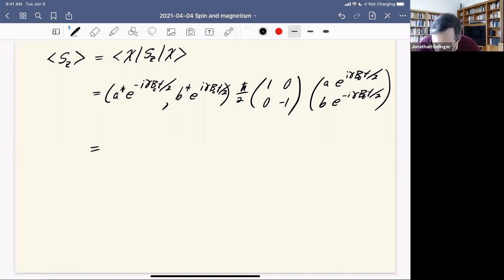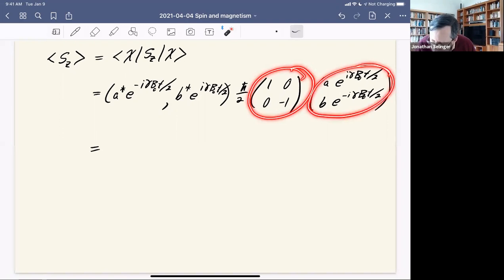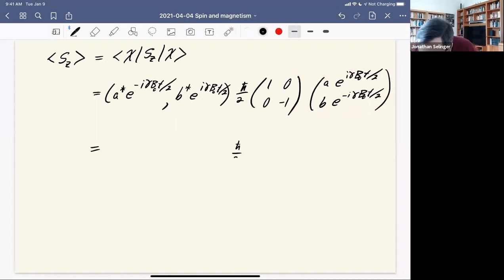Again, I'll work from right to left. Multiplying this 2 by 2 matrix times this column vector gives us h bar over 2 times a column vector. On the top is A e to the I gamma B naught T over 2, so 1 times this plus 0 times the thing on the bottom.